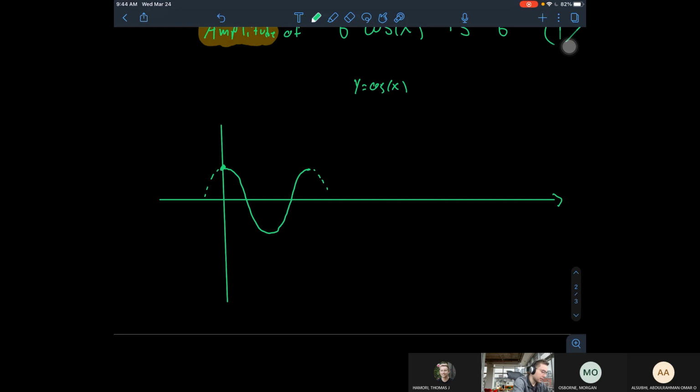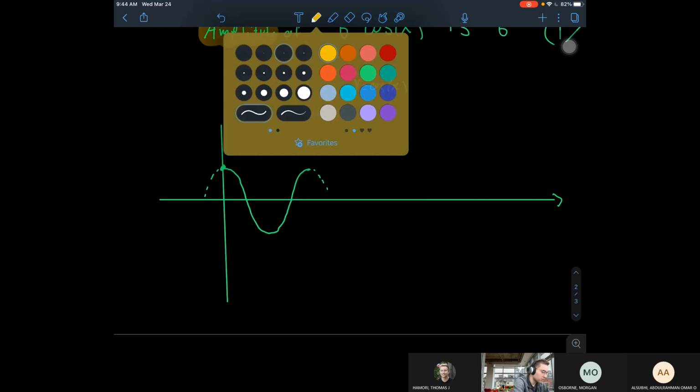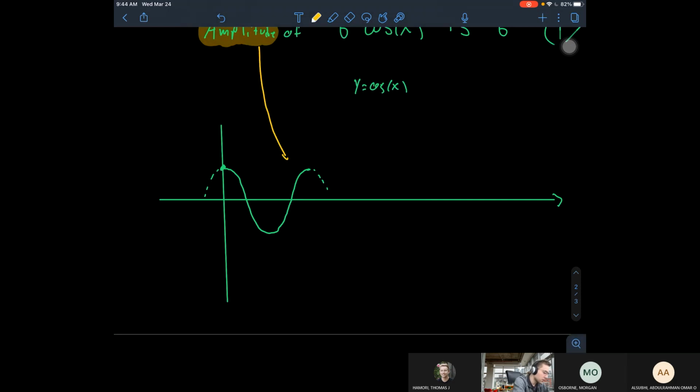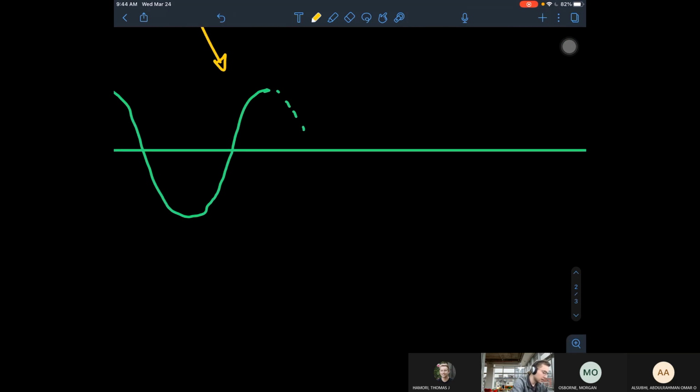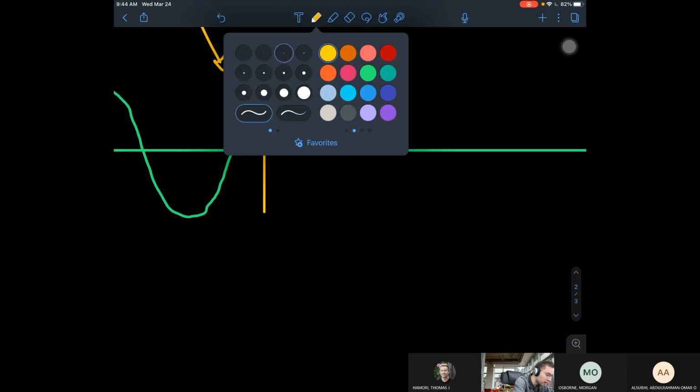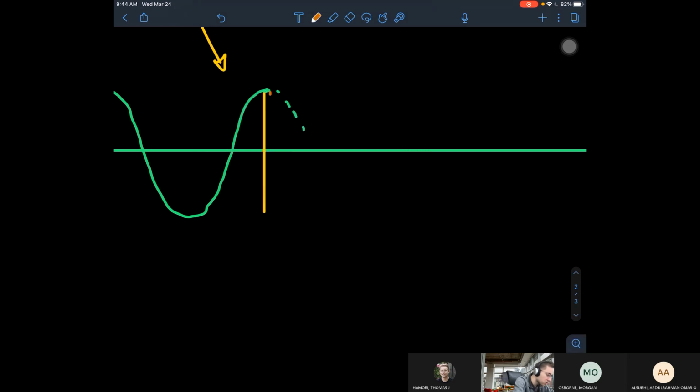Okay. And we know that the amplitude is a measurement of how tall the wave is. So let me ask you, which of the following line segments represents the amplitude? Line segment 1 in yellow, or line segment 2 in orange?